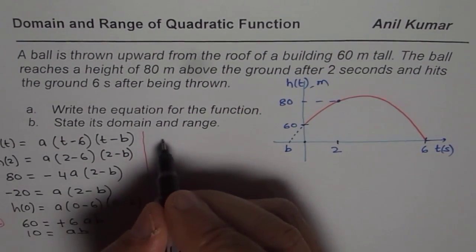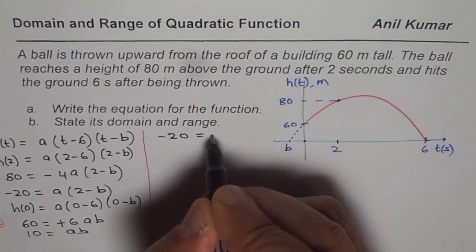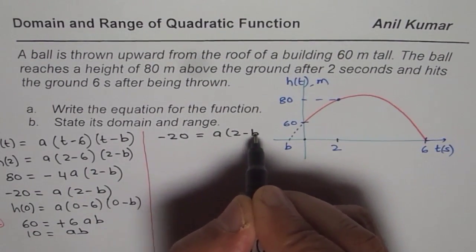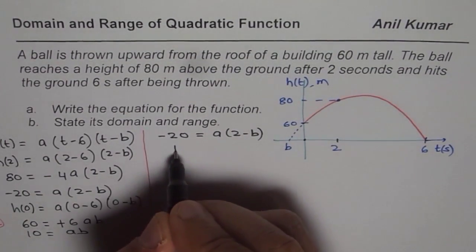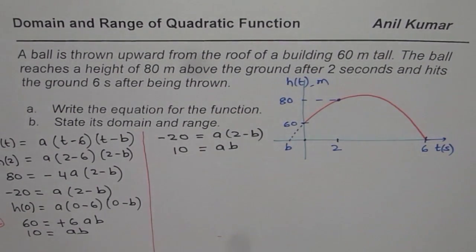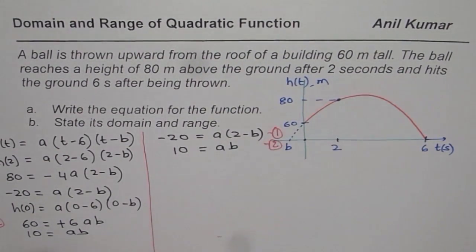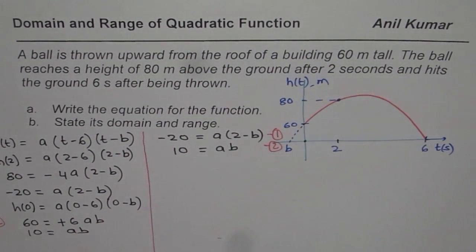So we have one equation which is minus 20 equals a times 2 minus b. The second equation is 10 equals a times b. So these are the two equations for us: equation 1, equation 2. I divided 60 by 6.